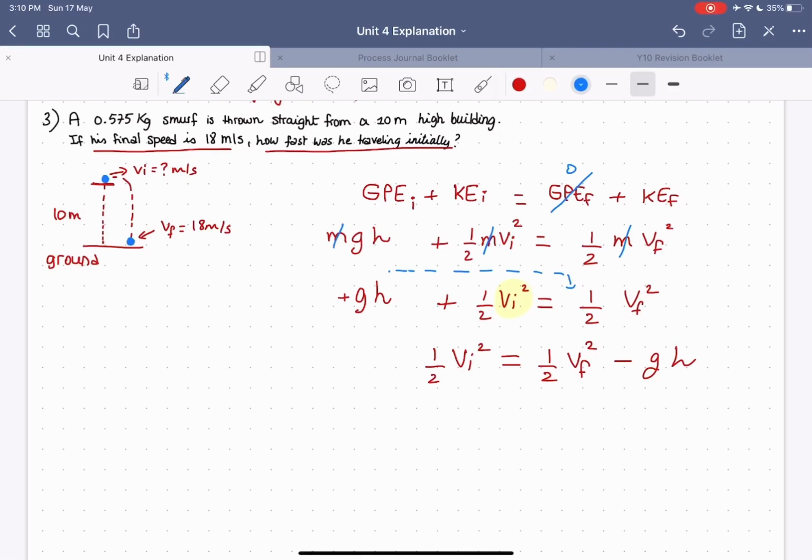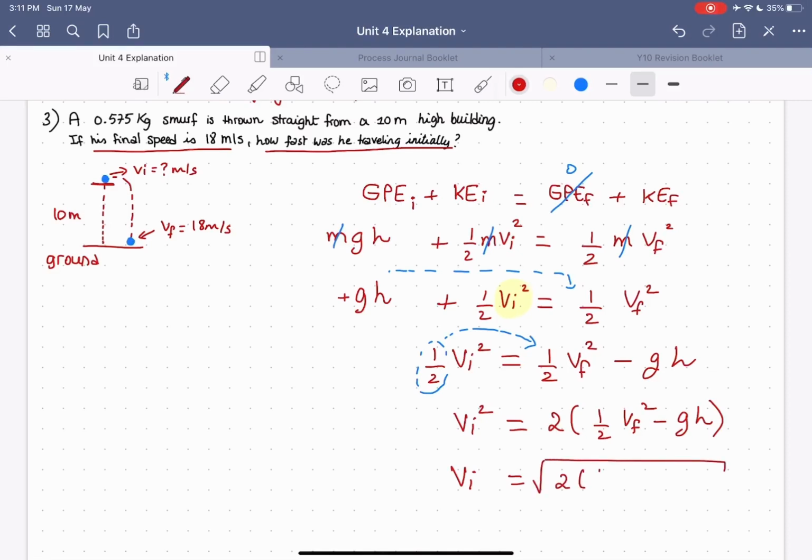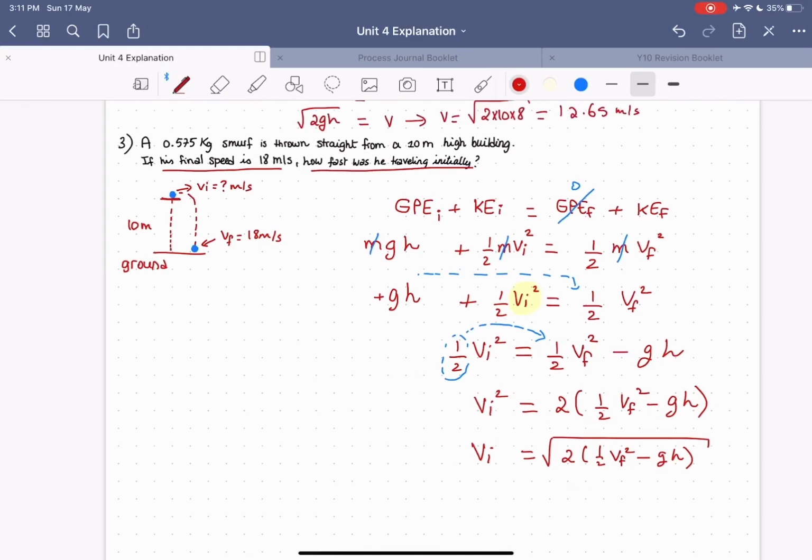Now in order to take this to the other side, it was a division here, so it will become a multiplication. So vi squared is equal to 2 multiplied by half v final squared minus gh. So vi is the square root of 2 times half final velocity squared minus gh.